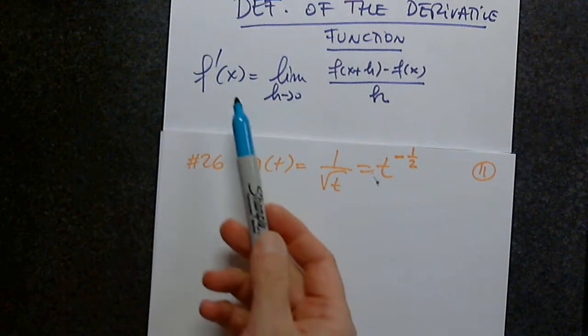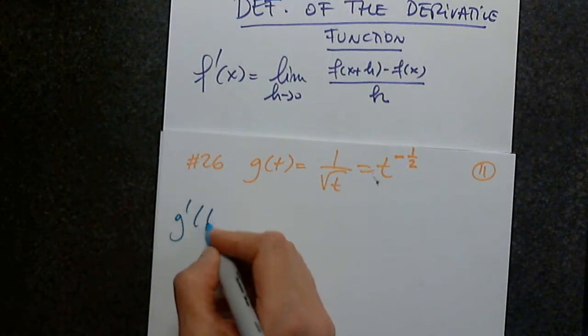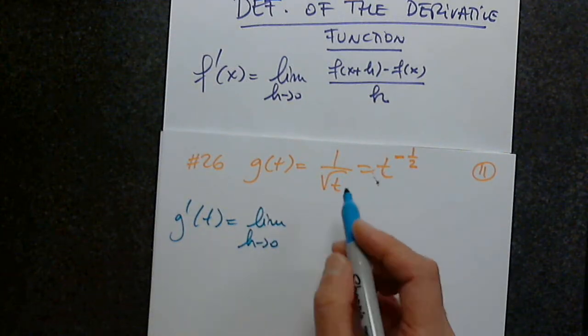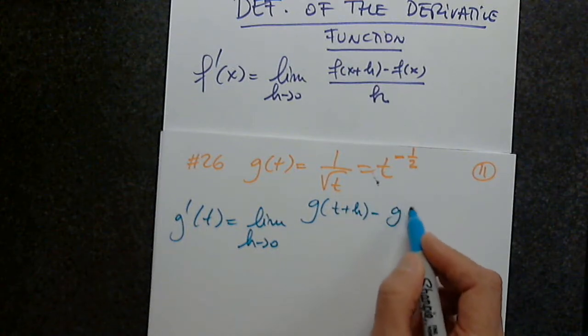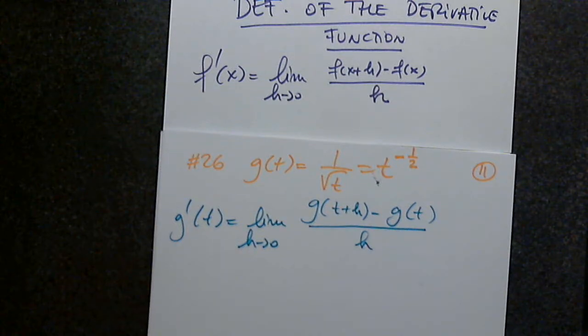Well, the only difference is that right now I cannot use x, I would have to use t. So then g prime of t equals the limit as h approaches 0 of g of t plus h minus g of t divided by h. I had to substitute f for g and x for t.